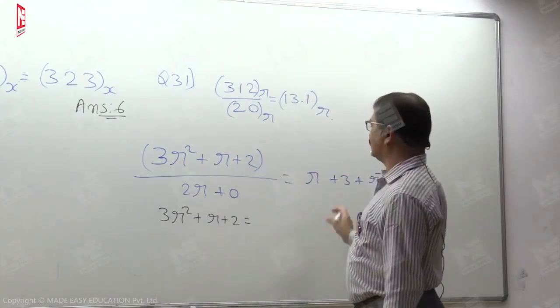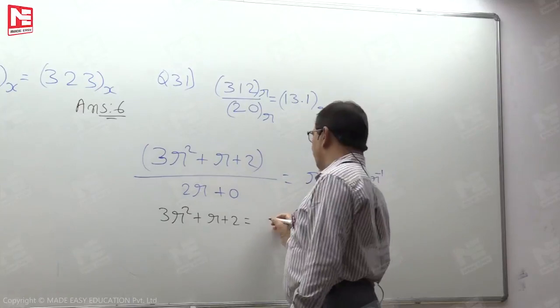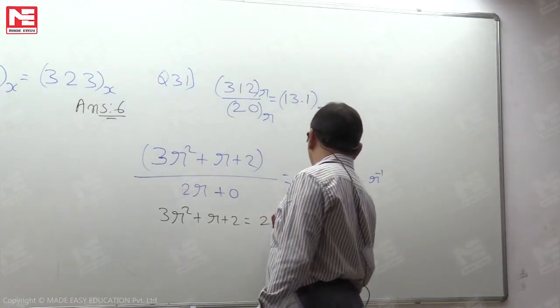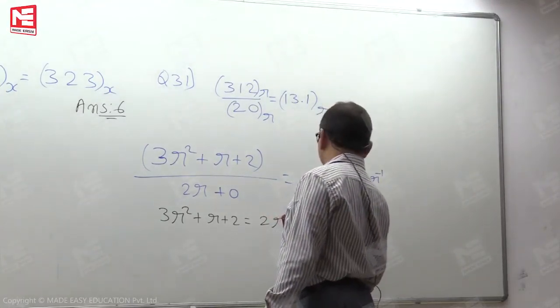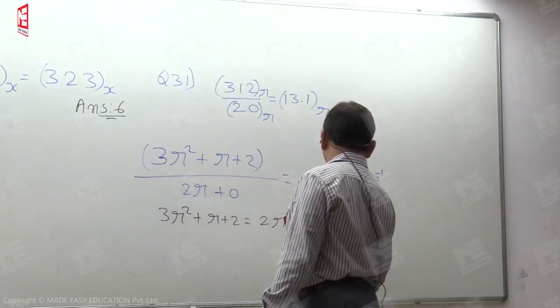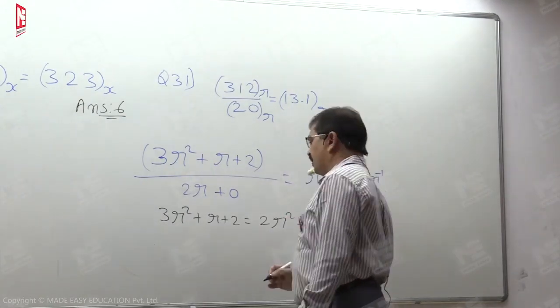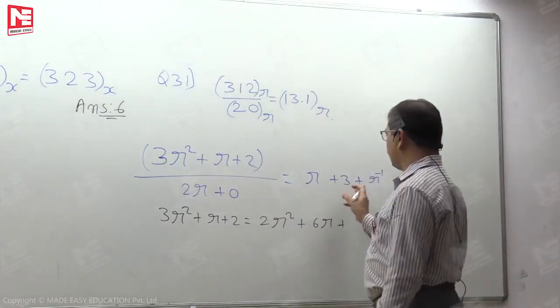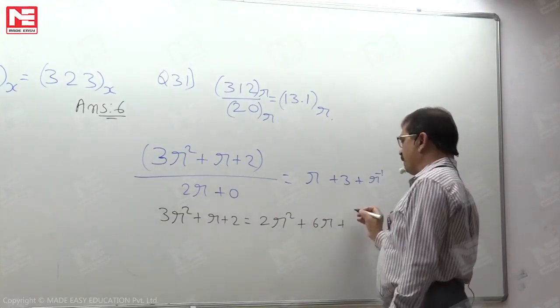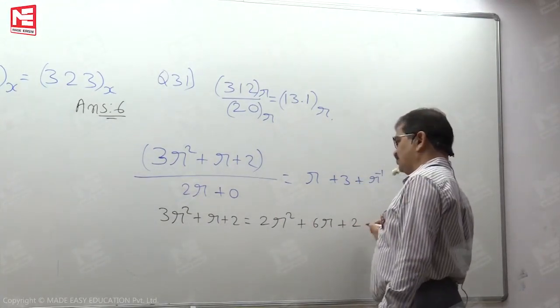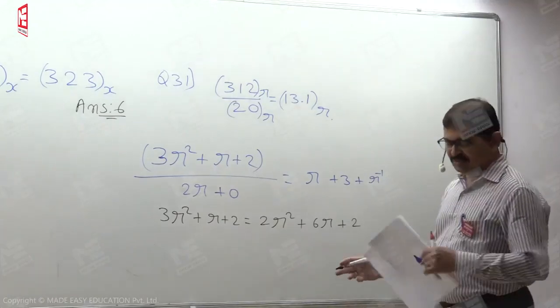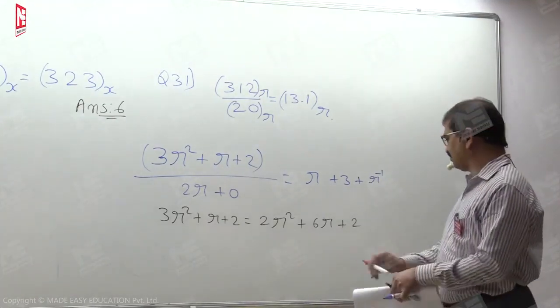So r only this is. So right side, if you look here, this will be 2r² + 6r + 2.